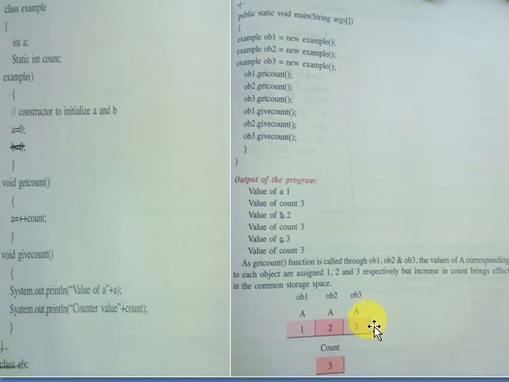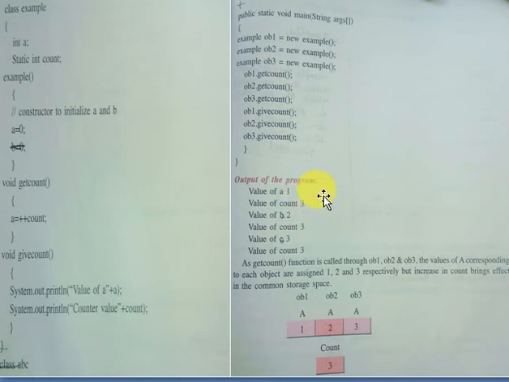But count has become 3 by now. Hope you are getting how count increases each time by 1, and each A, though it is the same A, is the A of different objects depending on who is calling it. Then ob1.giveCount. When I call the giveCount function, the value of A as well as the value of count is displayed.